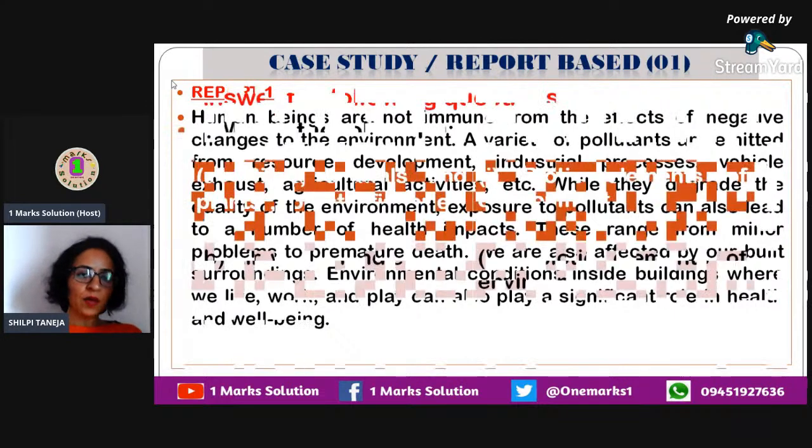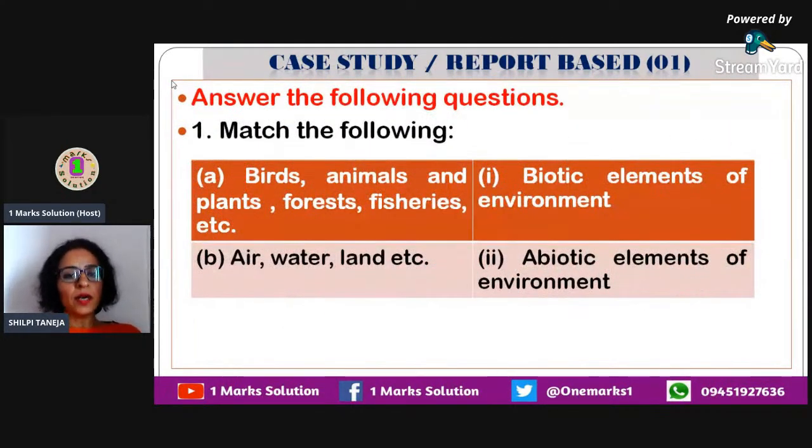So in this paragraph, what we have done, we have studied about the types of the problems which can be created by the built-up environment and the natural environment, the things which were related to that. So let's see question number 1, which is match the following. What we have to do is, column A says birds, animals and plants, forest, fisheries, etc. And column B is air, water and land.